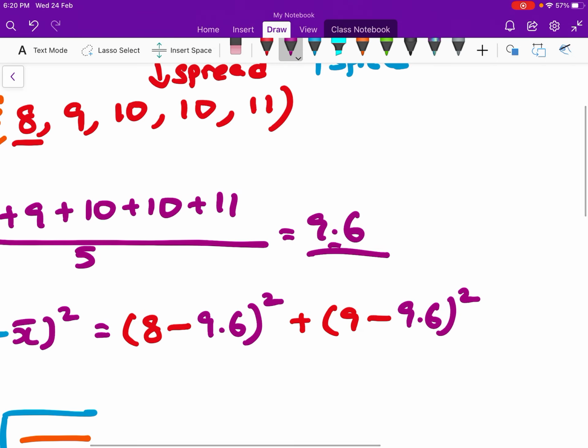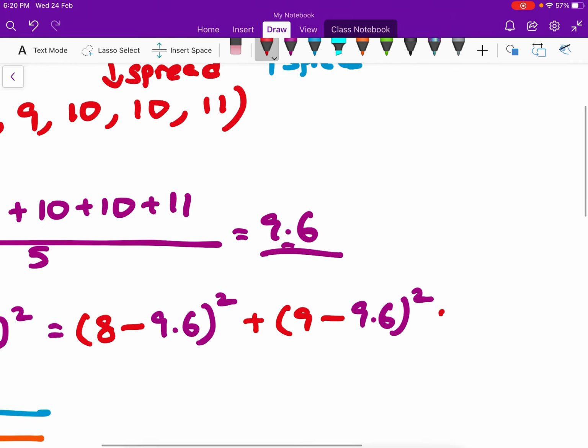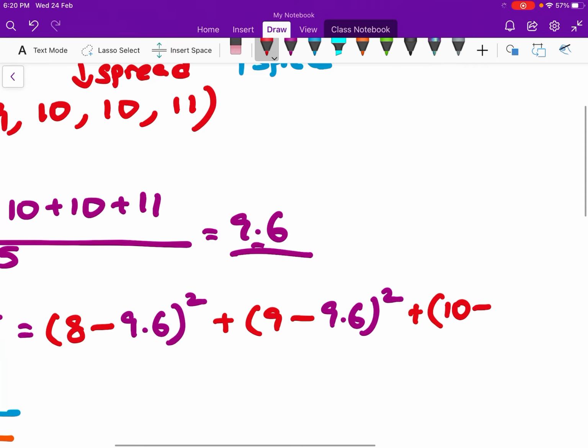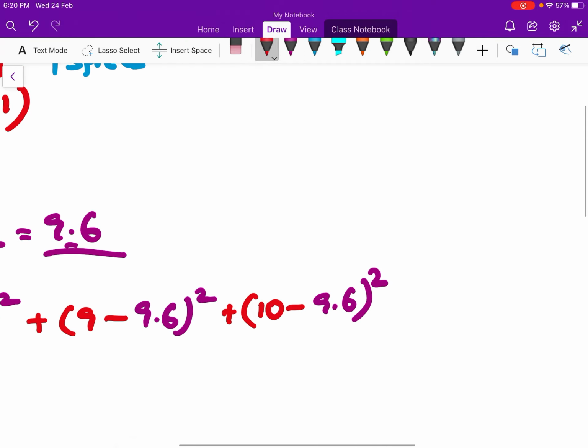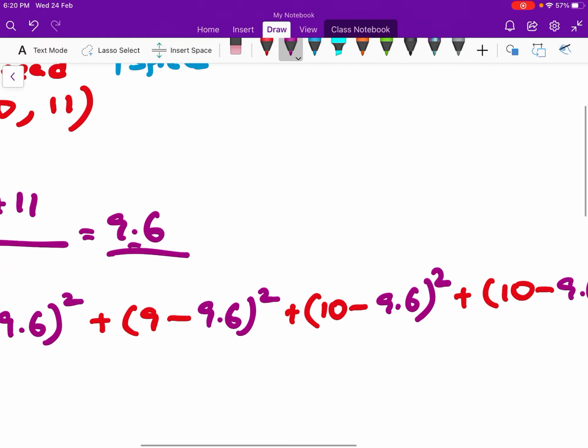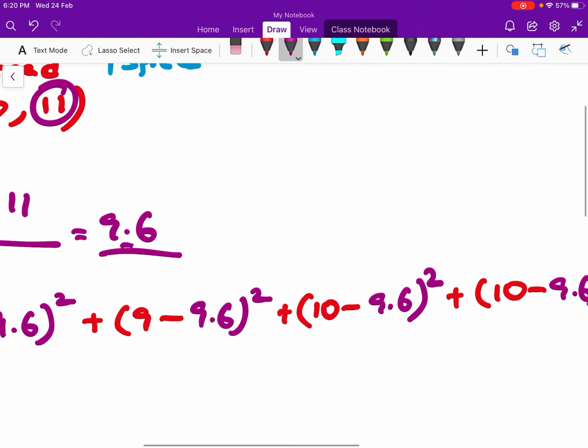Third number will be 10, right? 10, of course minus my average. Fourth number will also be 10. The last number will be 11.